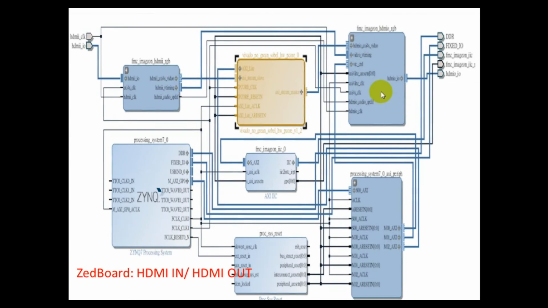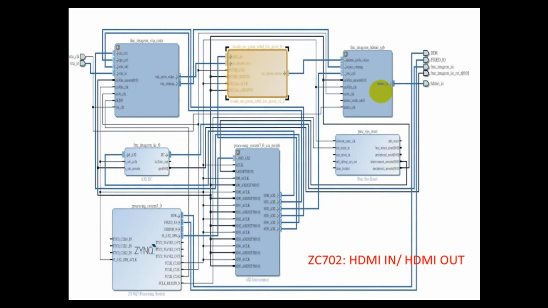Pretty straightforward. And the ZC702 is pretty much the same. We just add a new block in between the original design to do the extra video image processing.